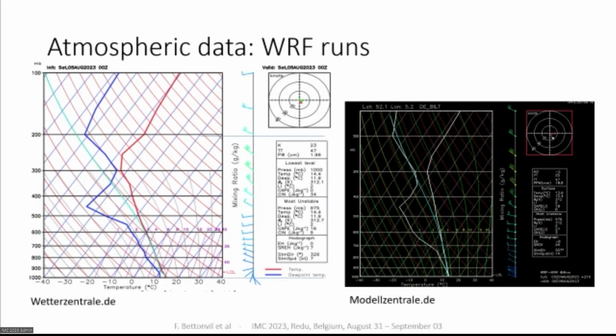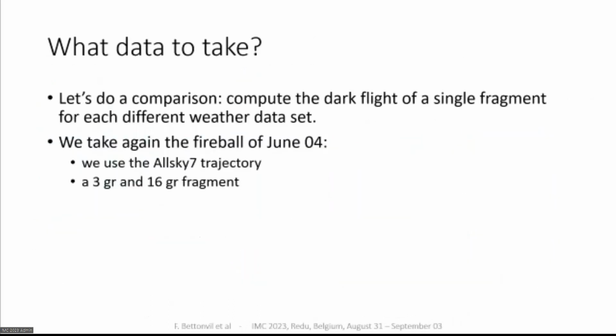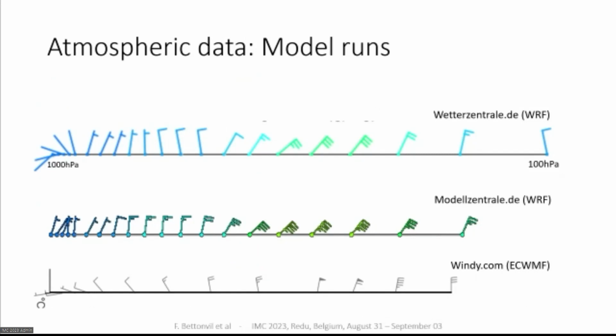If you look then, there's another day, but if you don't look at various models, but at the same location at the same time, you also see that there are differences. So I'll go a bit quick. Here you see the wind strengths for two different sites, the weather centrale and model centrale, and at the bottom I have used the ECMWF, and you see that it is more or less the same, but it's absolutely not identical.